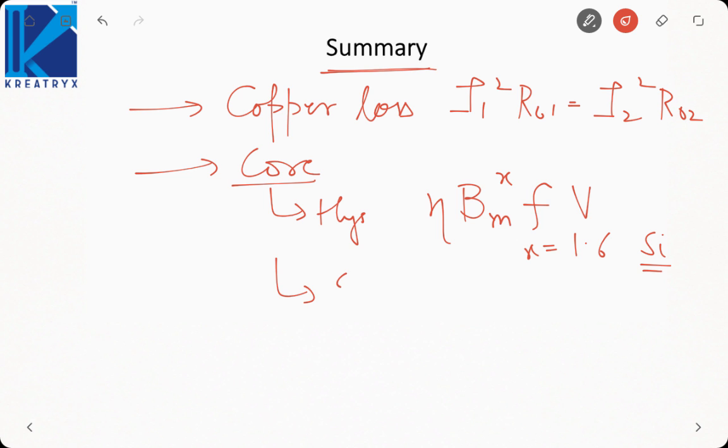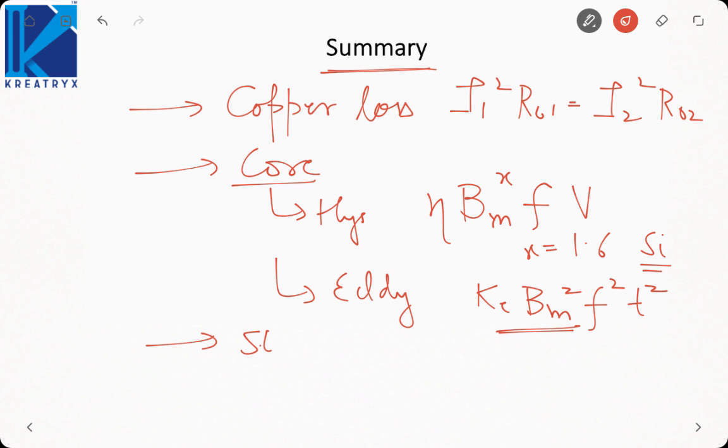Then we saw eddy current loss, which was Ke Bm square F square into T square. T is the thickness of lamination. And then we saw stray load loss, which occurs in the iron parts and the conductors of the winding. And last we saw dielectric loss, which occurs in the insulation, that is the winding insulation or oil present in the transformer.